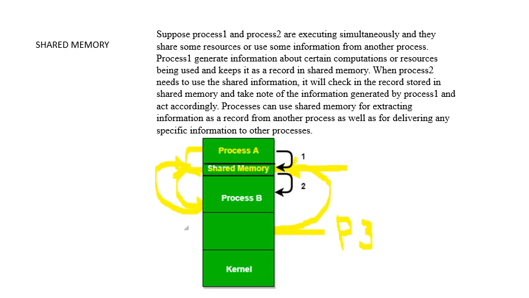Suppose there is one more process, process C or process 3.